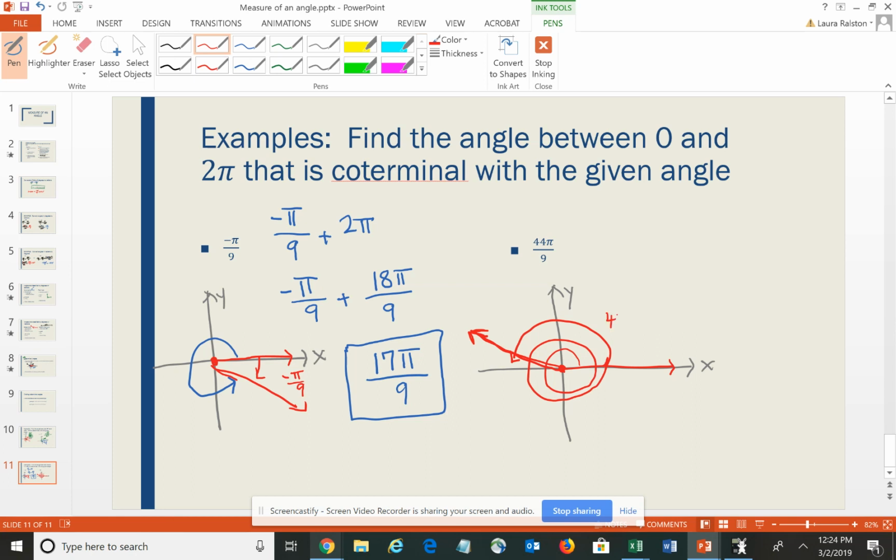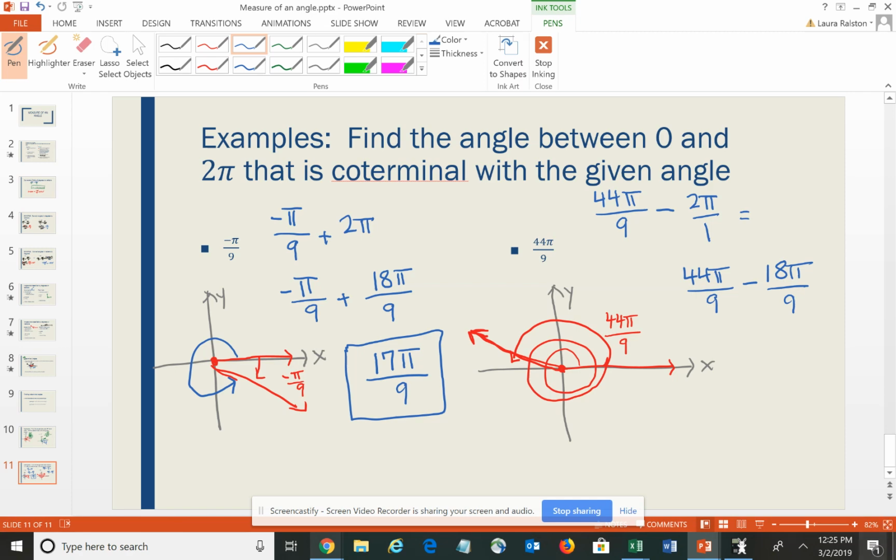Okay, so I want to think about this because remember, I'm trying to get a value between 0 and 2 pi. So again, I can start out with 44 pi ninths and subtract 2 pi. That gets rid of 1 revolution. Let's see if that's enough. Again, you have to have that common denominator. So 44 pi ninths minus 18 pi ninths.